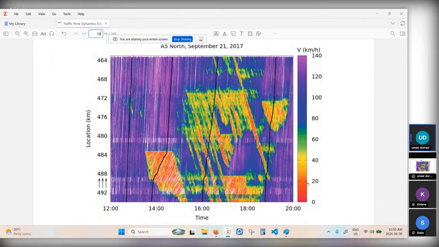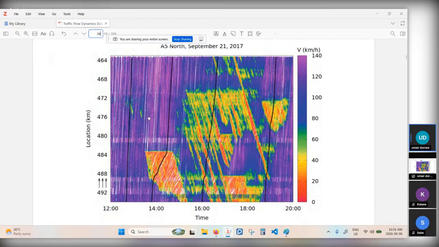But when we are looking at the trajectories coming from floating car data, we are relying on more than one vehicle, because one vehicle can only show us one trajectory. If you really focus on this plot, the four black lines shown here are individual trajectories coming from individual floating cars.